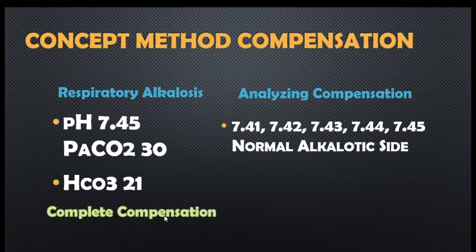And we have a complete compensation because the pH is normal. The decrease of the bicarbonate here is the compensation. This is the reason why your pH level is being brought down to the normal level, which is 7.45, and that explains why the HCO3 is decreasing.